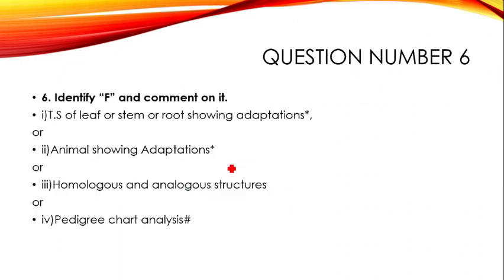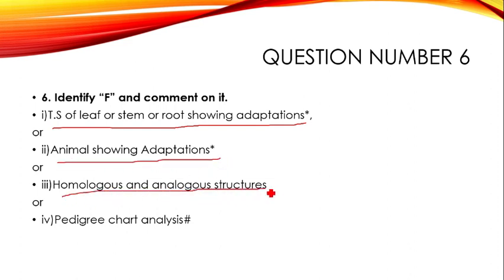Next, 6th question. They may give any one of the following. It may be TS of leaf or stem or root showing adaptations, or animal showing adaptations, homologous analogous structures, pedigree chart analysis. In these 4, they may give any one, but these 4 topics are again subdivided into different parts.